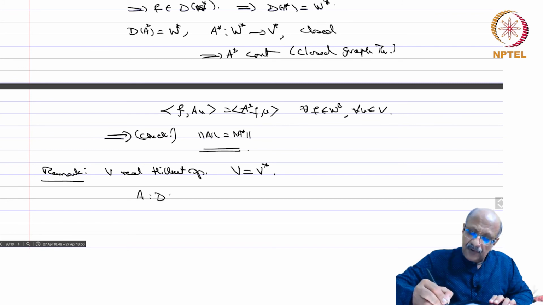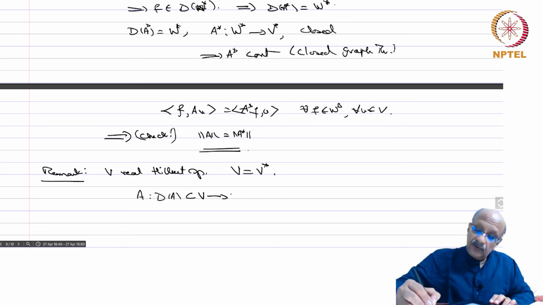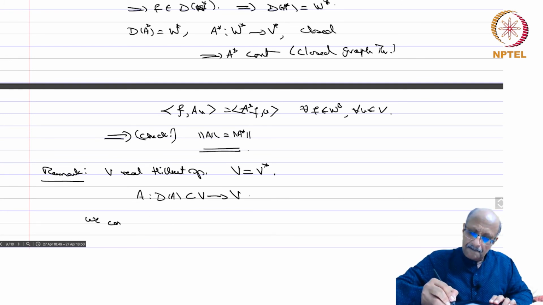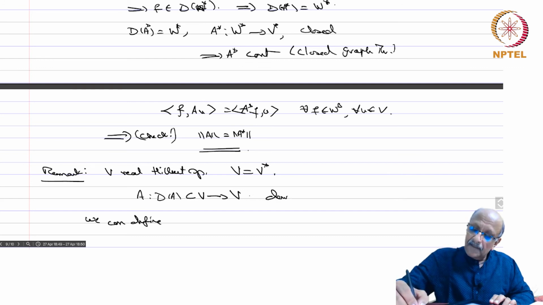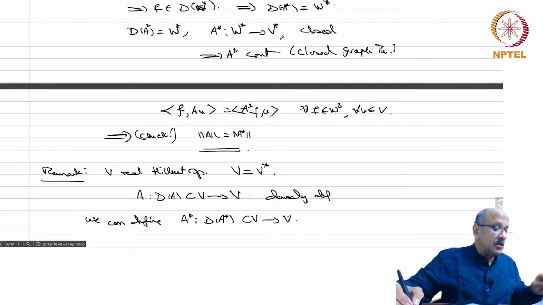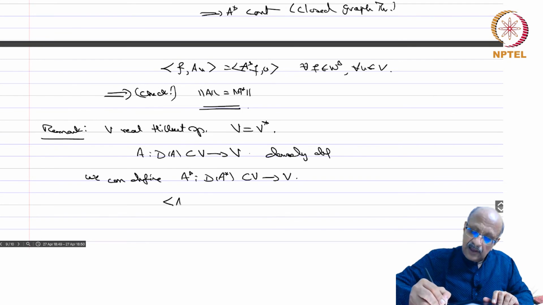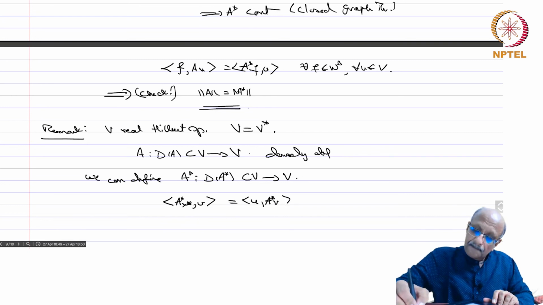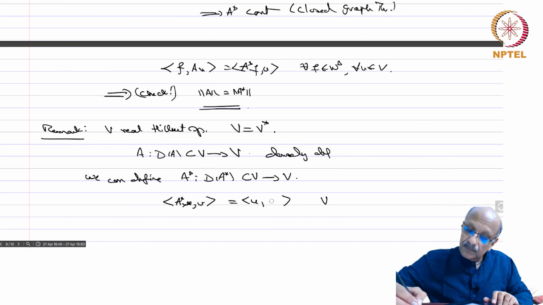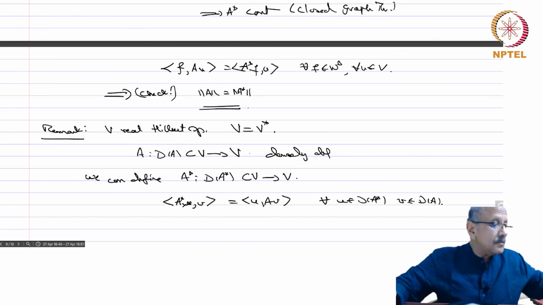So, if you take A from D(A) contained in V going to V, densely defined, then we can define A* from D(A*) contained in V going to V. The adjoint will be defined in the same way, and so you will have (A*u, v) equals (u, Av) for all u in D(A*), v in D(A). Okay.